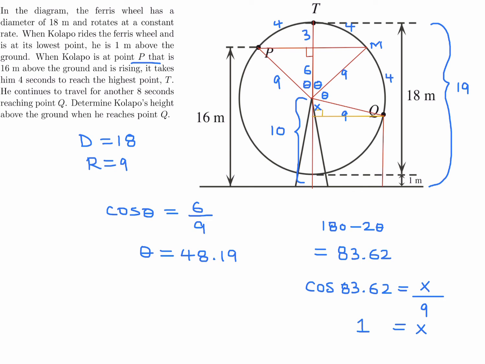You'll see, especially if you used several decimal places, that it equals 1. And that's it. So now the final step is to figure out the distance from there to there. Well, that distance, we'll call it height, h. H is basically 10 minus x, and x is 1. So that is 9. So the height when he is at Q is equal to 9.